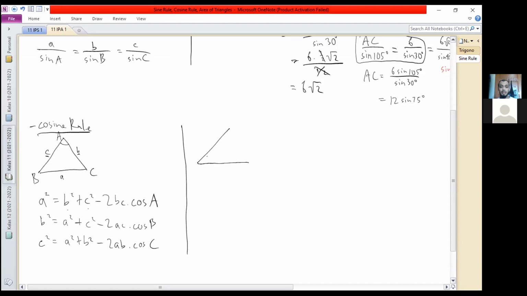a triangle like this, where we have 30 degrees here. I think for the cosine rule, you should have already learned this in physics, in vectors. So probably it's somewhat easier for you to memorize.